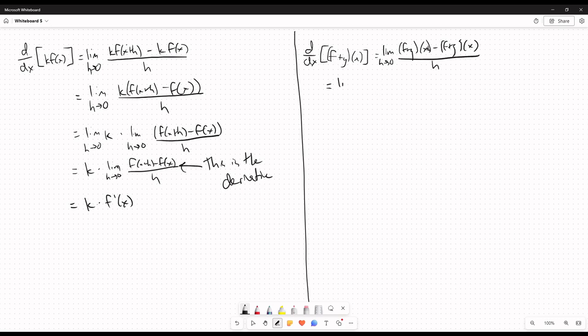And that's really saying the limit as h approaches 0 of f of x plus h plus g of x plus h minus, I'll put these in parentheses, f of x plus g of x, all of that over h.